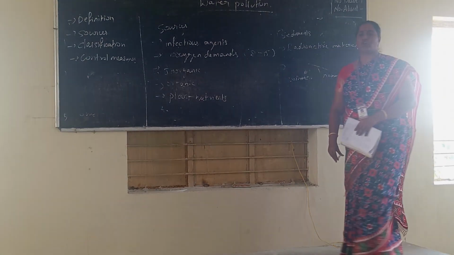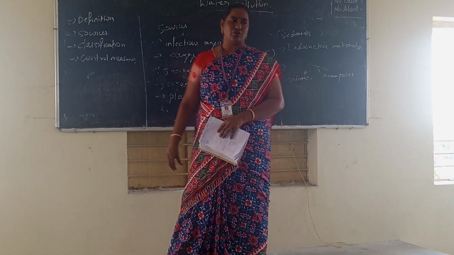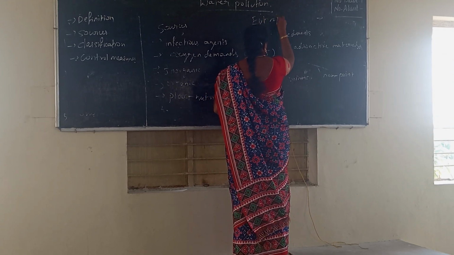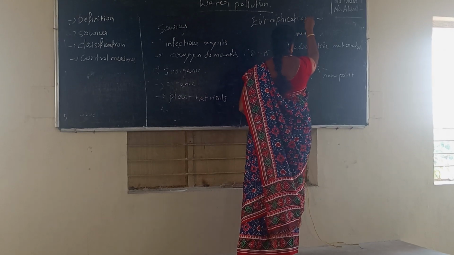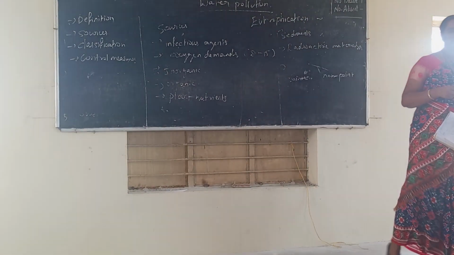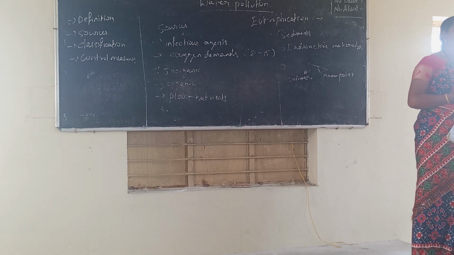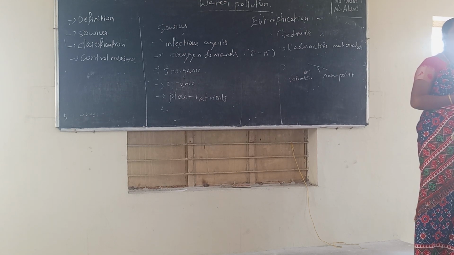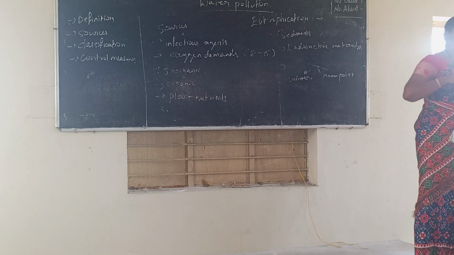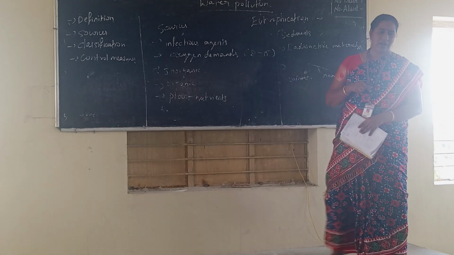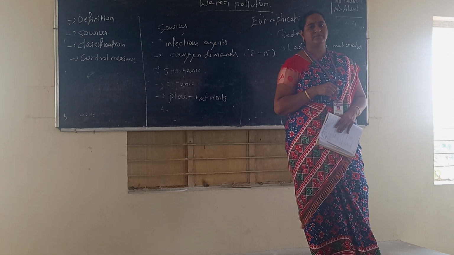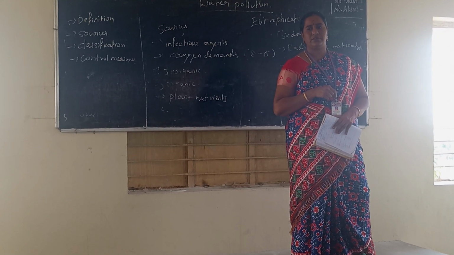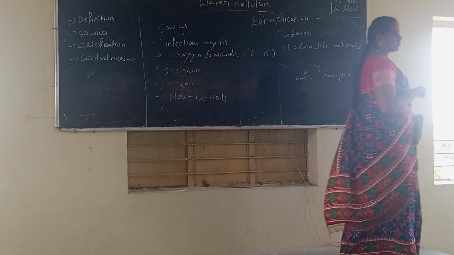Note it. Define eutrophication. Excess amounts of fertilizers like urea and potash are used in agricultural lands.